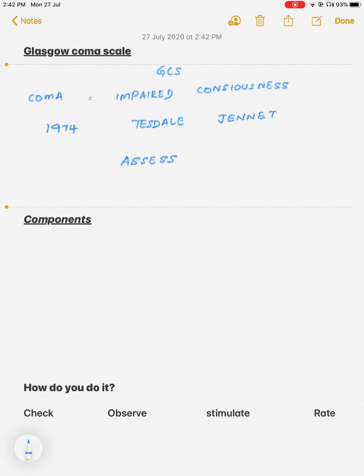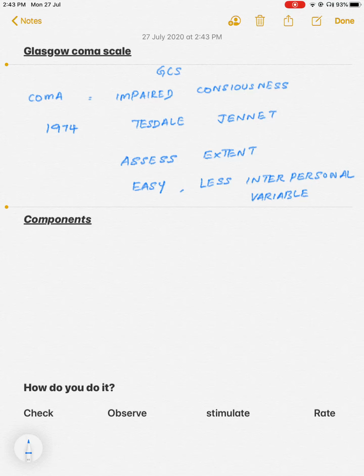They wanted to assess the extent of impairment of consciousness, and that had to be done in a very easy manner so that there would be less interpersonal variability. In order to have less interpersonal variability, they described the Glasgow Coma Scale.